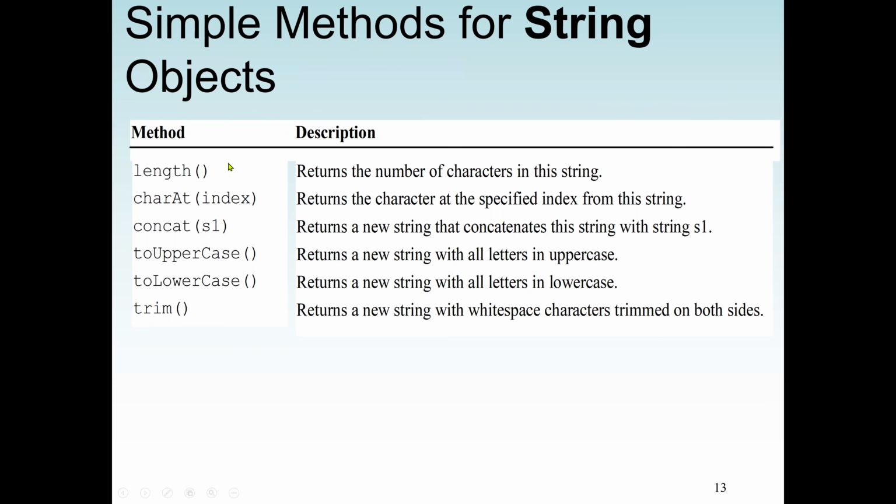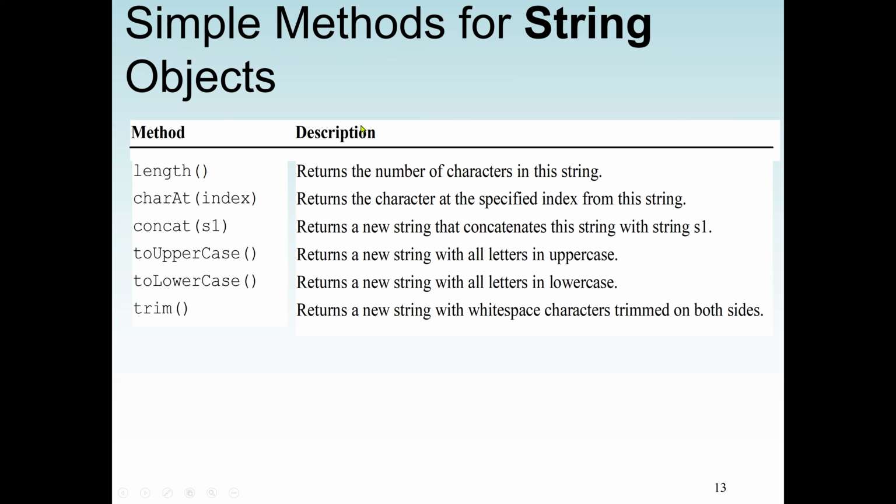So if I have a sentence with 3 words and 2 spaces, those 2 spaces are also counted as 2 characters. Also the charAt method: the argument is the index. The index is the location of each character, so it will return the character at the specified index from this string.